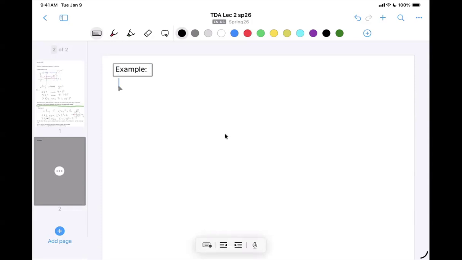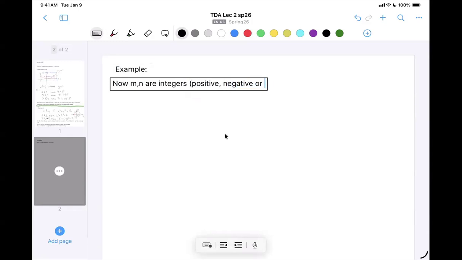Now m and n are integers, positive, negative, or zero. If you always want them to be positive, they are sometimes called natural numbers. Here the relation is that two numbers are related if their difference can be divided by two.